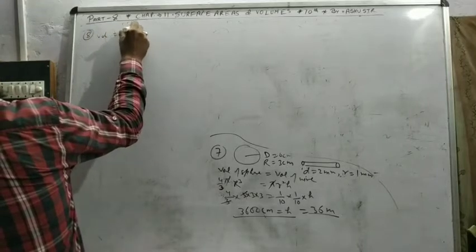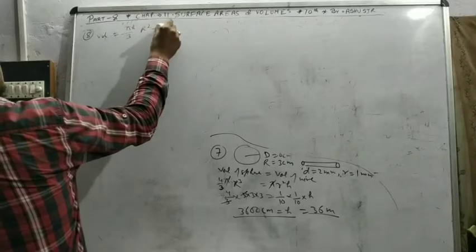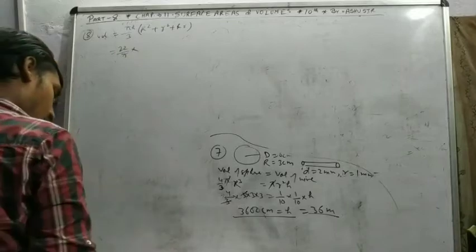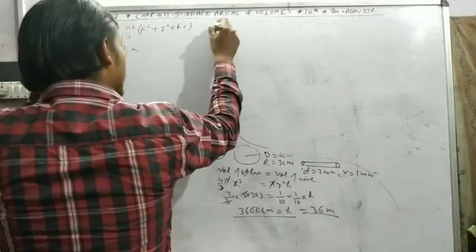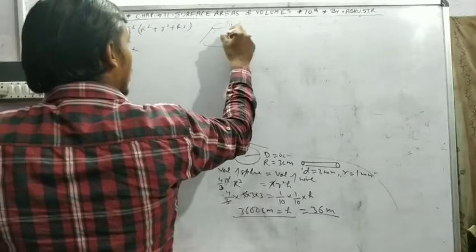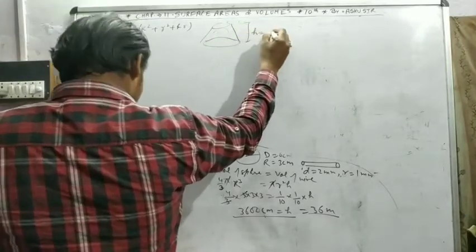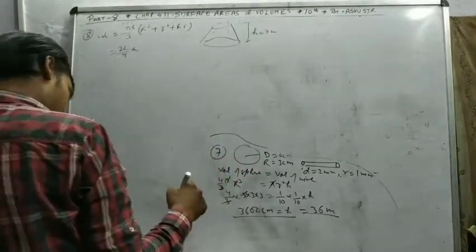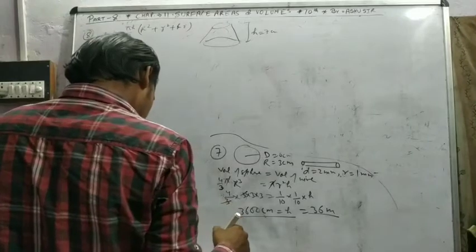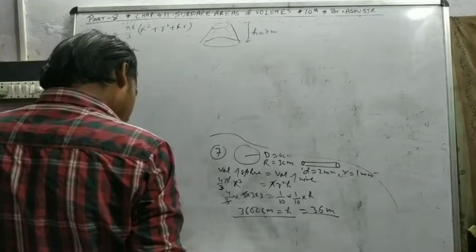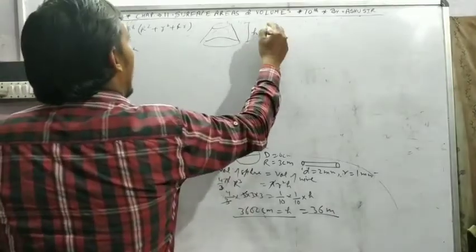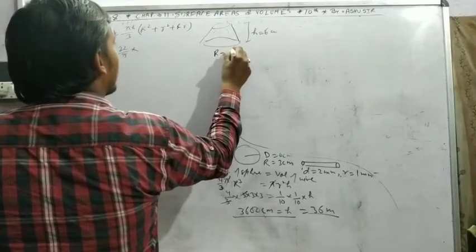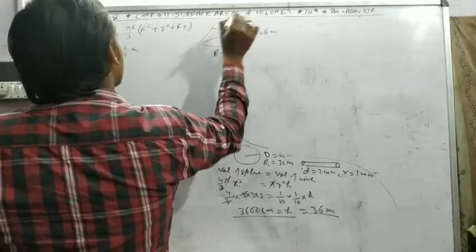Volume is pi h by 3 into R square plus r square plus R r. Capital R is 15 cm, small r is 7 cm.